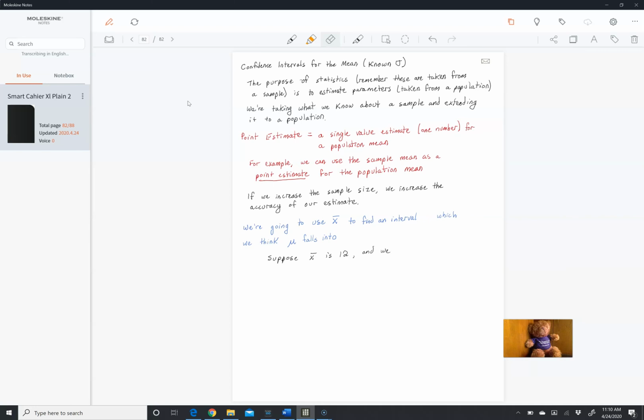And we find an interval, and we're going to discuss how to do this, that is from 11.5 to 12.5. Okay. So notice that X bar is exactly in the center of the interval, right? What this means is that the margin of error of our estimate is 0.5.